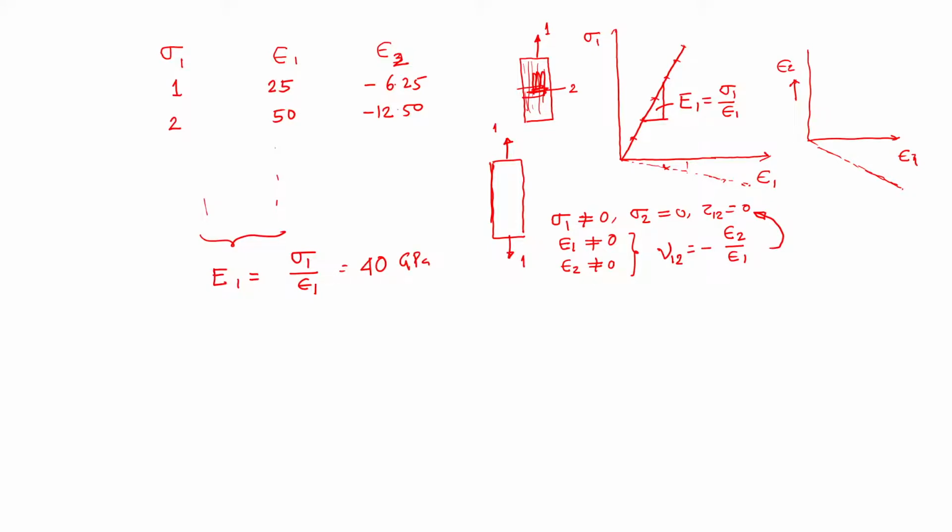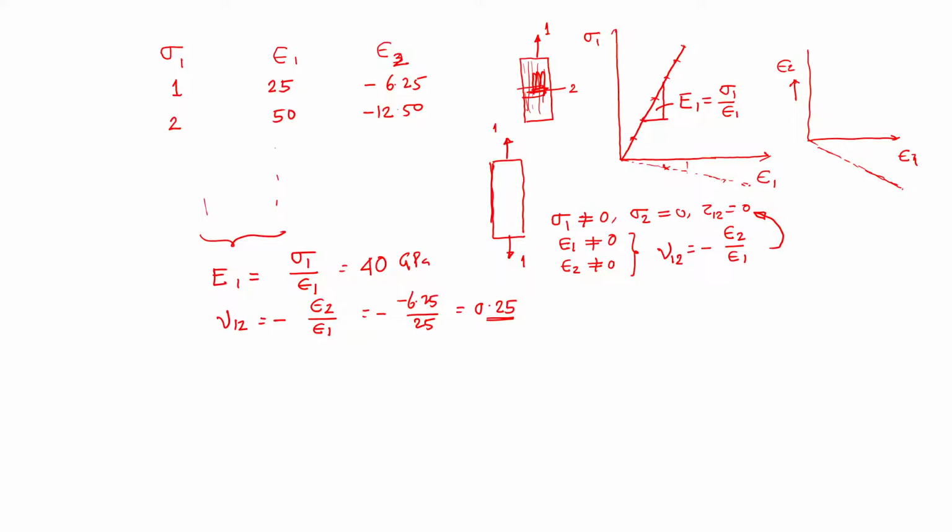This is the Young's modulus, and the Poisson's ratio nu 12 is negative of epsilon 2 by epsilon 1. If you put this, it becomes minus 6.25 divided by 25, or any other value, minus 12.5 divided by 50, and this gives you the major Poisson's ratio as 0.25.